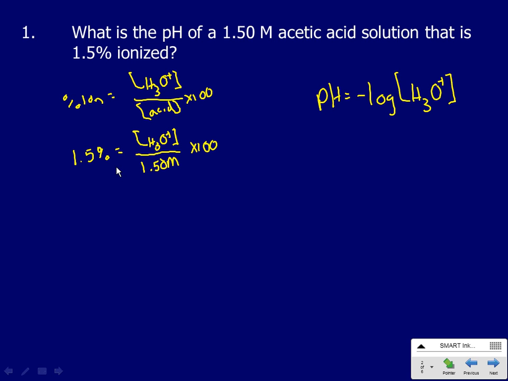I'm going to divide off the 100 down here, and I'm going to multiply by 1.5 up there. That's going to leave me with H3O plus. 1.5% times 1.50 molar divided by 100 equals H3O plus.